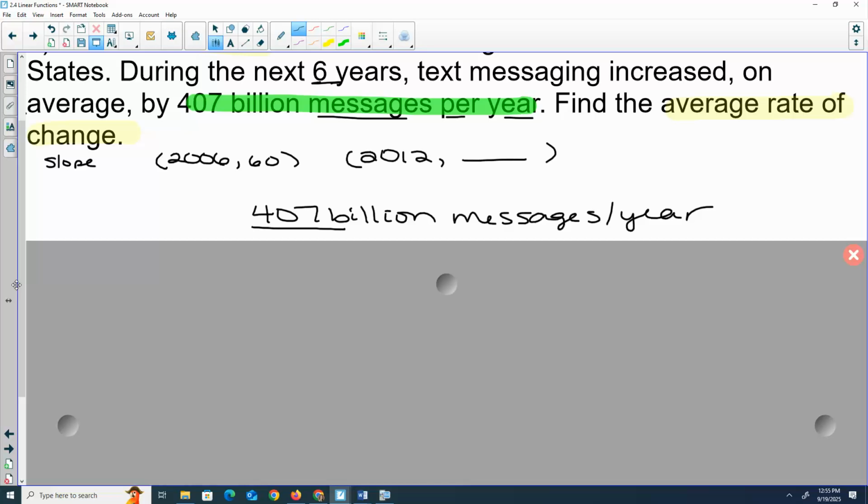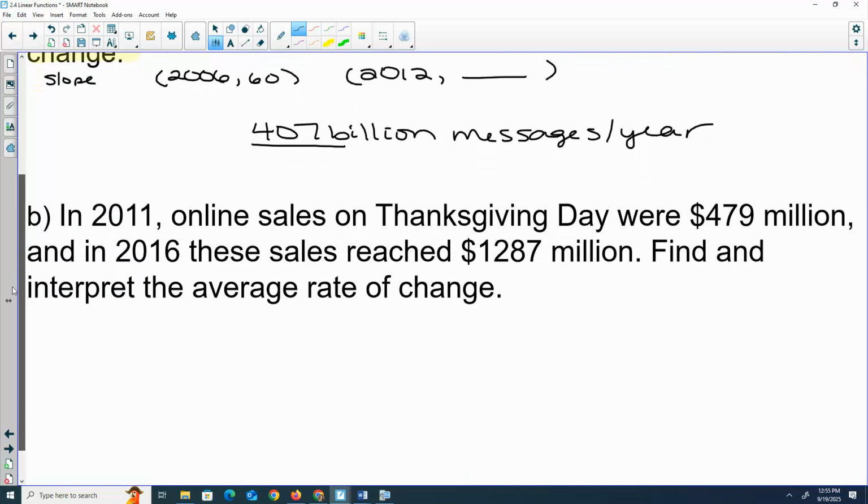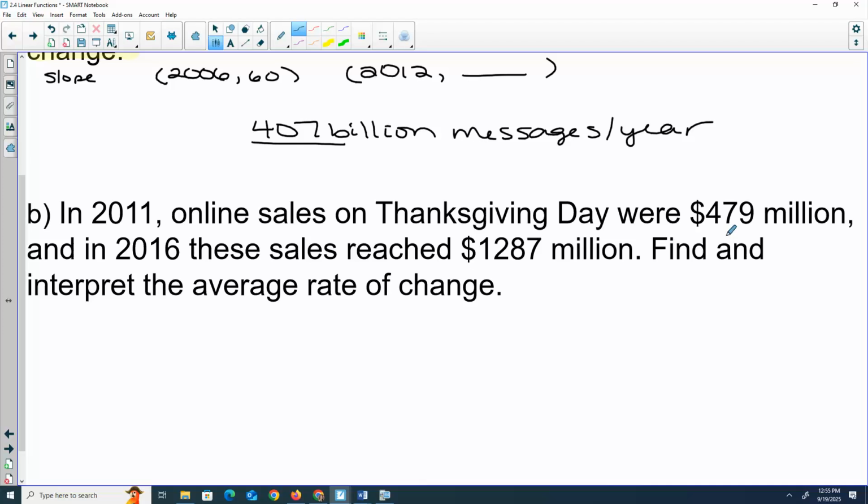Now let's find one where we actually have to do the calculation, where it's not just given in the problem. In 2011, online sales on Thanksgiving Day were 479 million. And in 2016, these sales reached 1,287 million. Find and interpret the average rate of change.